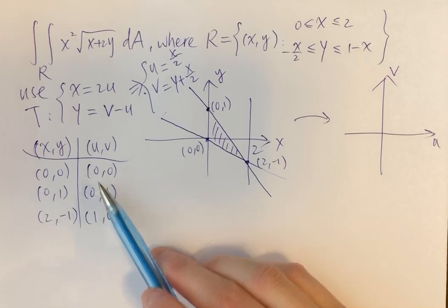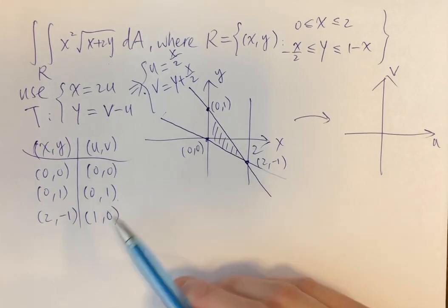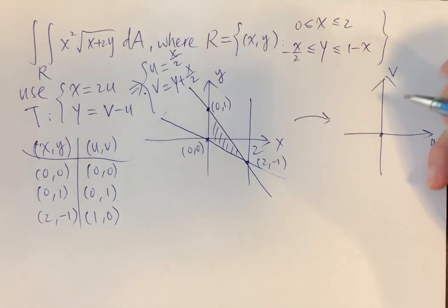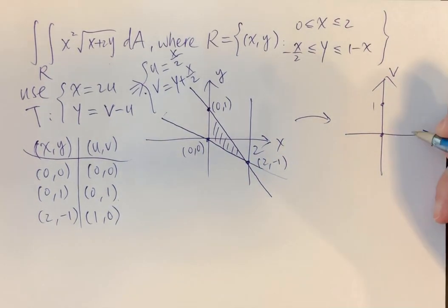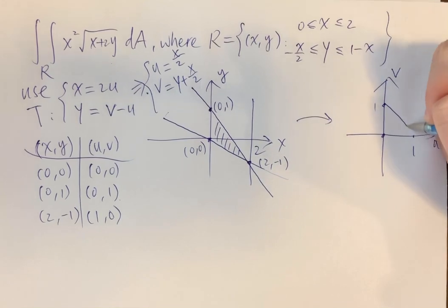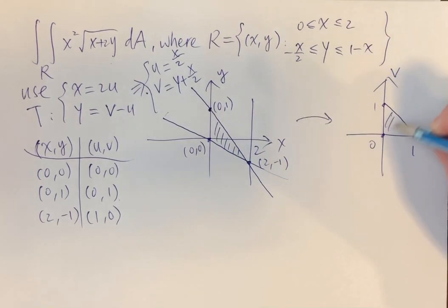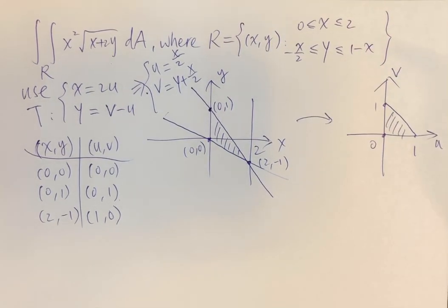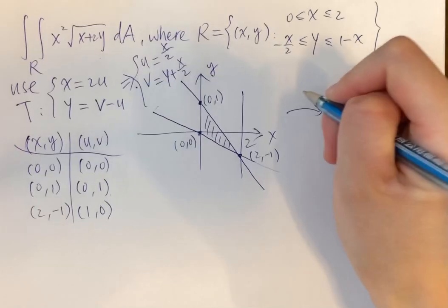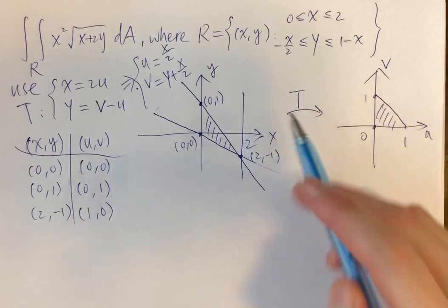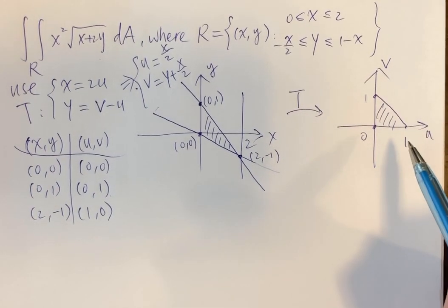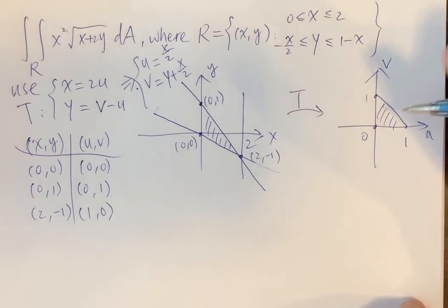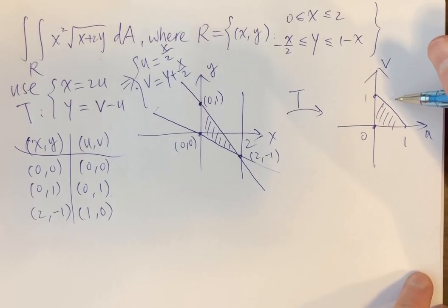So then we plot these 3 points in the UV plane: 0, 0; 0, 1; and 1, 0. So we can see this is also a triangle, and that's our transformation T. So once we decide what the region is, we need to find the limits of integration.